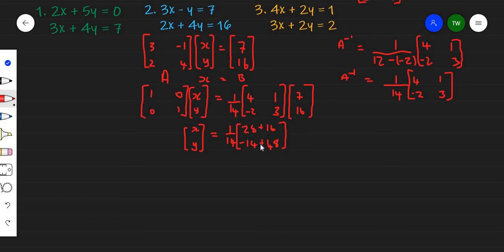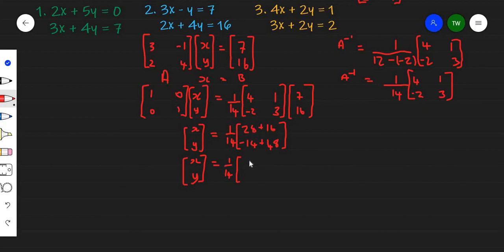All I need to do is to simplify this. So I still have xy on this side. Going to equal to 1 over 14, if I add 28 plus 16, now 6 plus 8, that's 14.